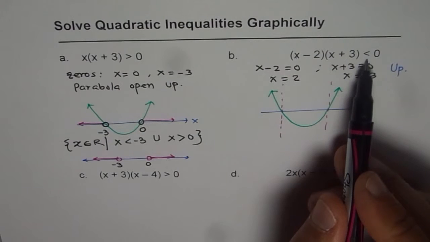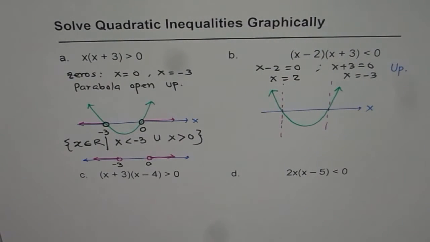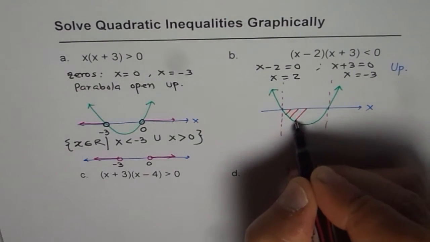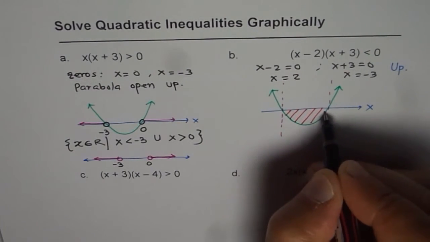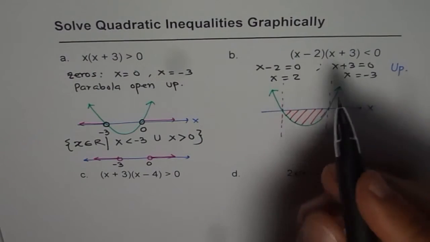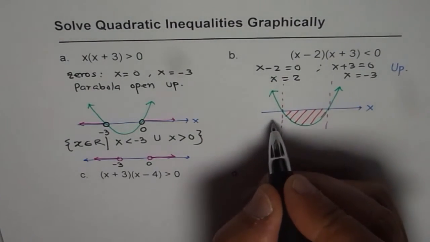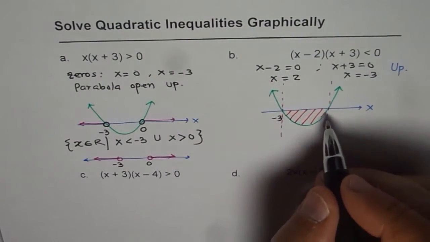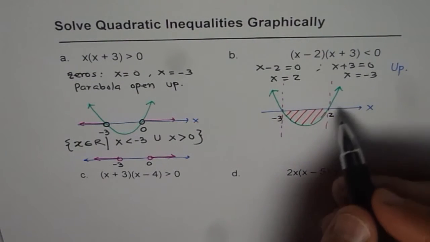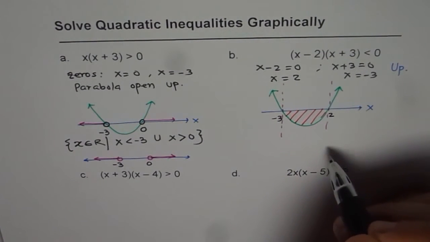Here we are looking for less than 0. So where is it less than 0? We find that in between the zeros it is less than 0. So that is the part of the solution. Do you understand? That is how we solve inequalities graphically. We had zeros at minus 3, the lower value, which comes first, and 2, which is higher, on the right side.